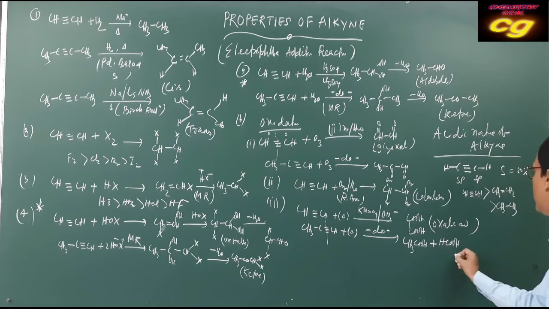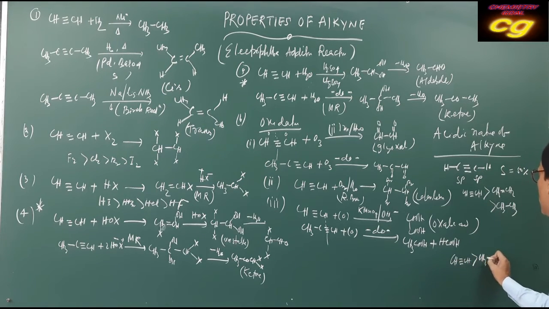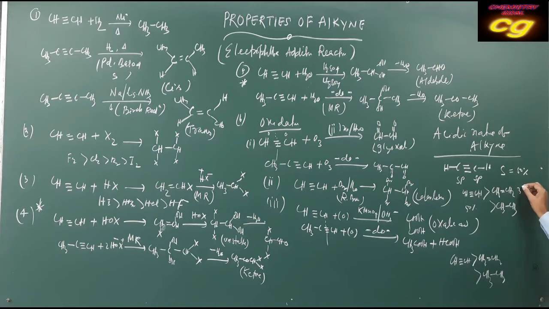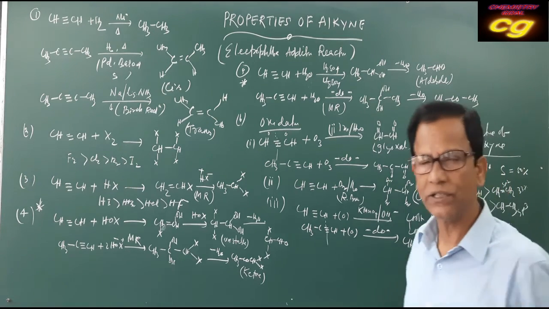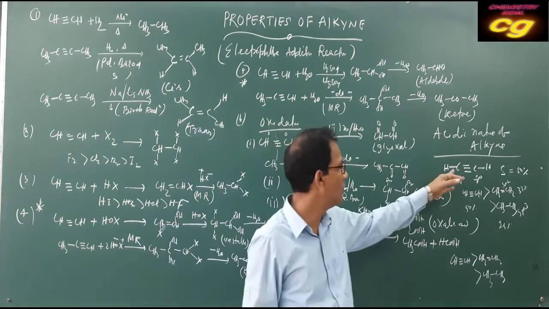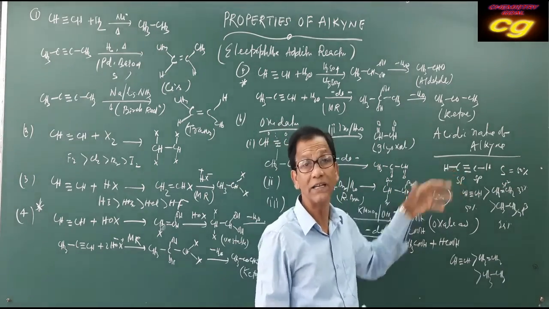If you compare acidic character, CH triple bond CH is more acidic than the double bond, which is more acidic than the single bond, because here 50% S character, here 33%, here 25%, since sp hybridization, sp2 hybridization, and this is sp3 hybridization. So S character is decreasing. If S character is decreasing, the electronegativity of carbon for the bonded electron decreases.